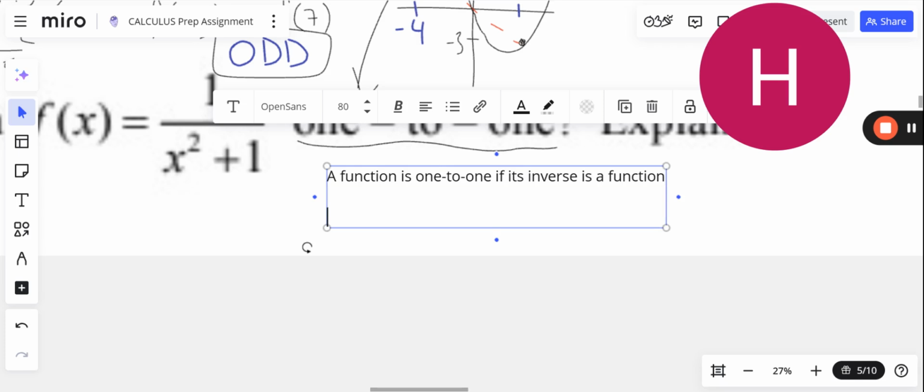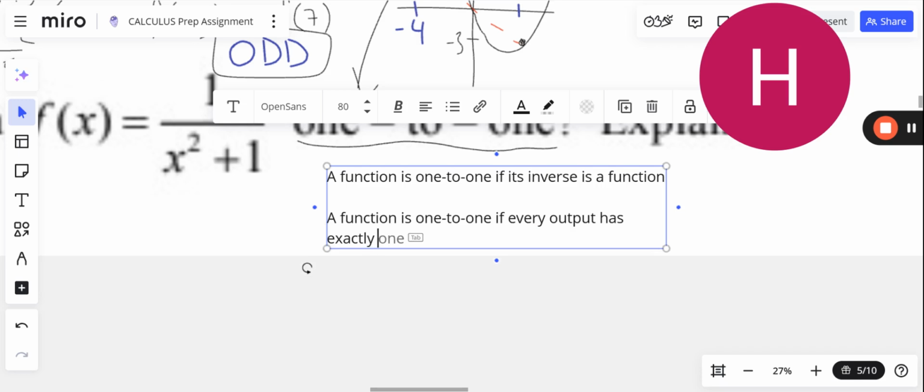Perhaps a more technical way to write it is a function is 1-to-1 if every output has exactly one input associated with it.